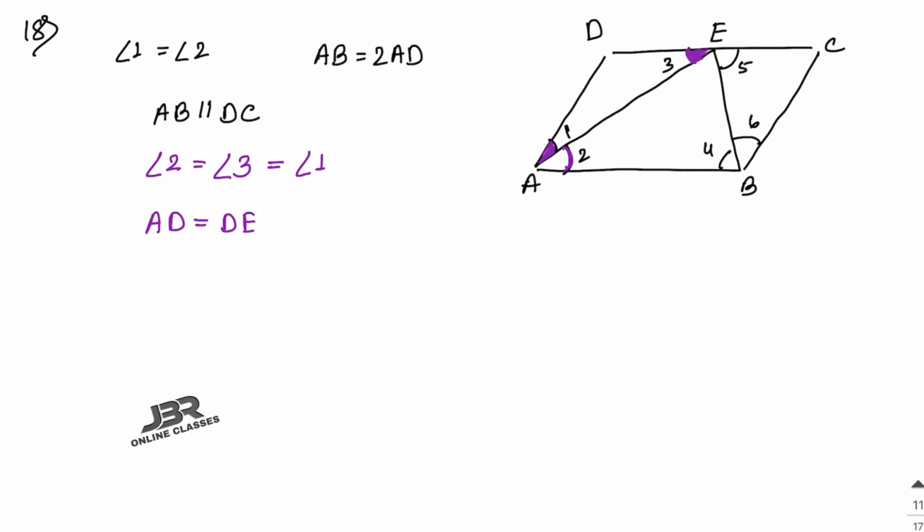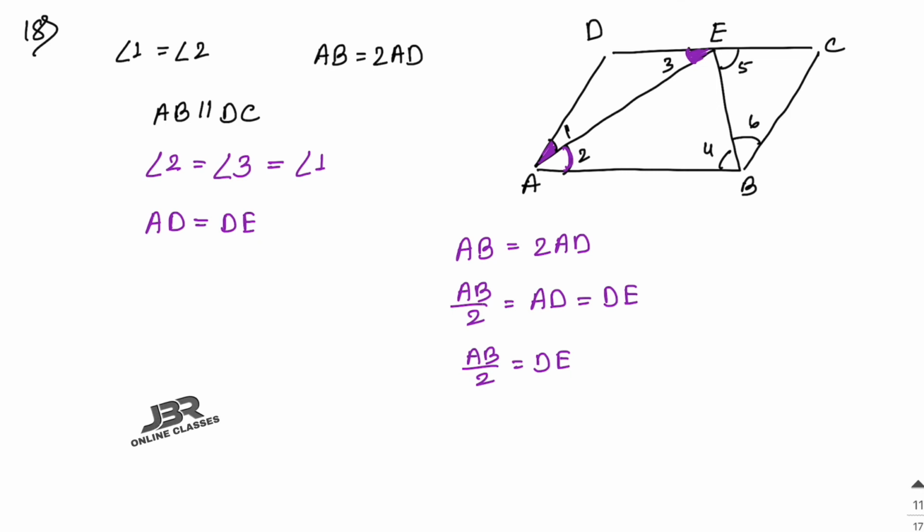Now the next thing is, according to the problem, AB is equal to 2AD. So AB by 2 is equal to AD. Now in the place of AD you can write down DE. So AB by 2 is equal to DE. Now as ABCD is a parallelogram, AB is equal to DC.